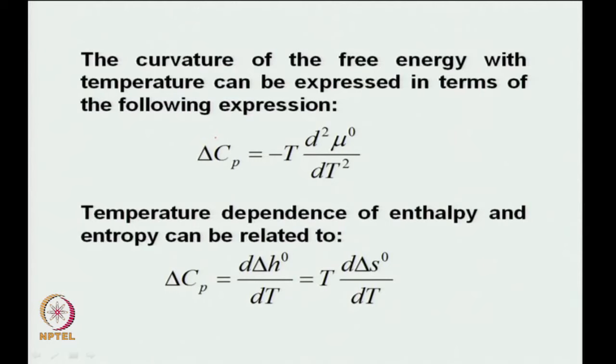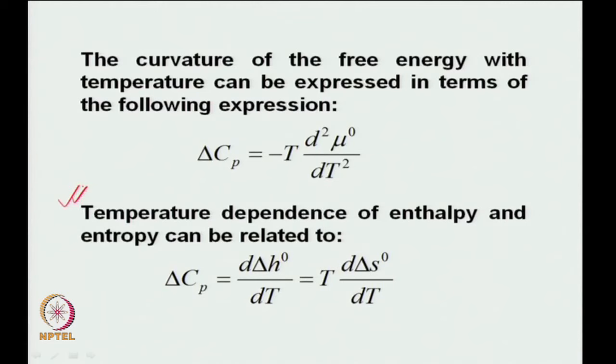The same thing is happening here. So, here the change in heat capacity gives you an idea about the curvature of your free energy surface, which in this case is delta mu 0.